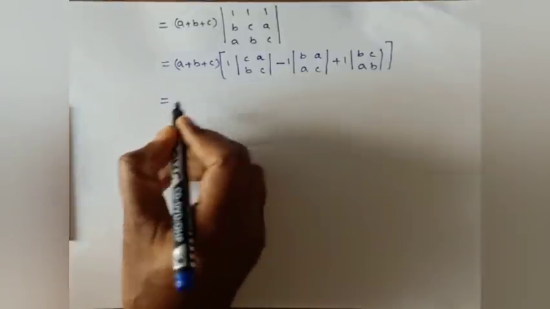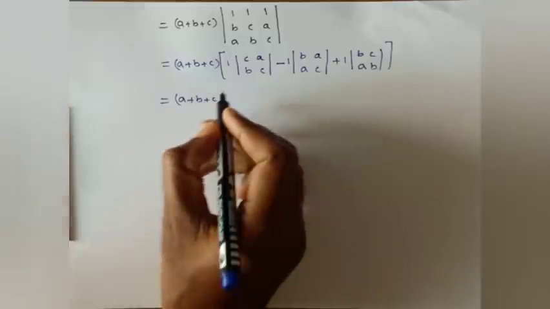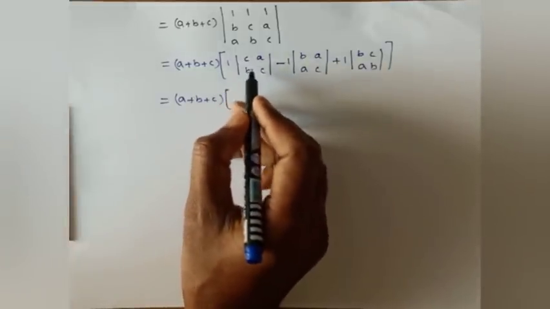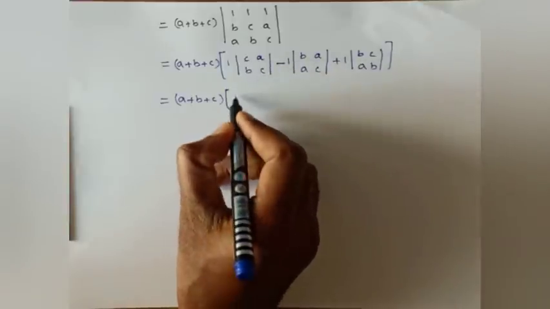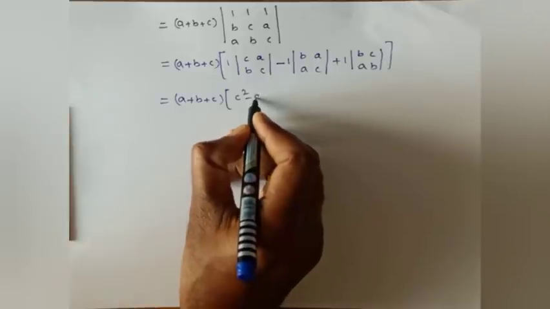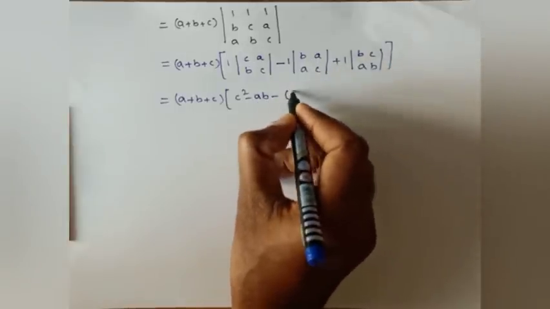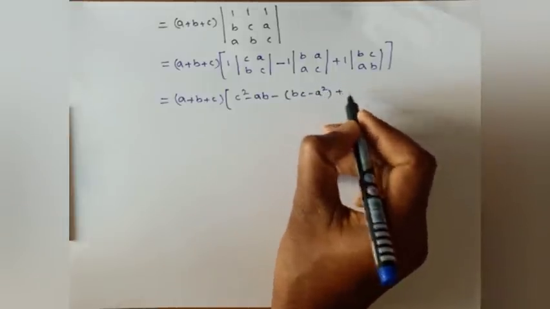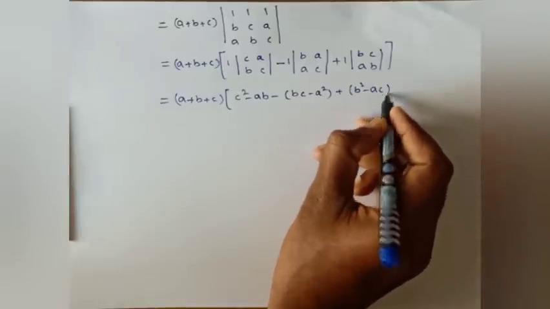Now, this is equal to a plus b plus c times, now you can apply the 2 by 2 determinant. This is c into c, c square, minus b into a, that is c square minus ab, minus b into c, bc, minus a into a square, plus 1 times b square minus ac.